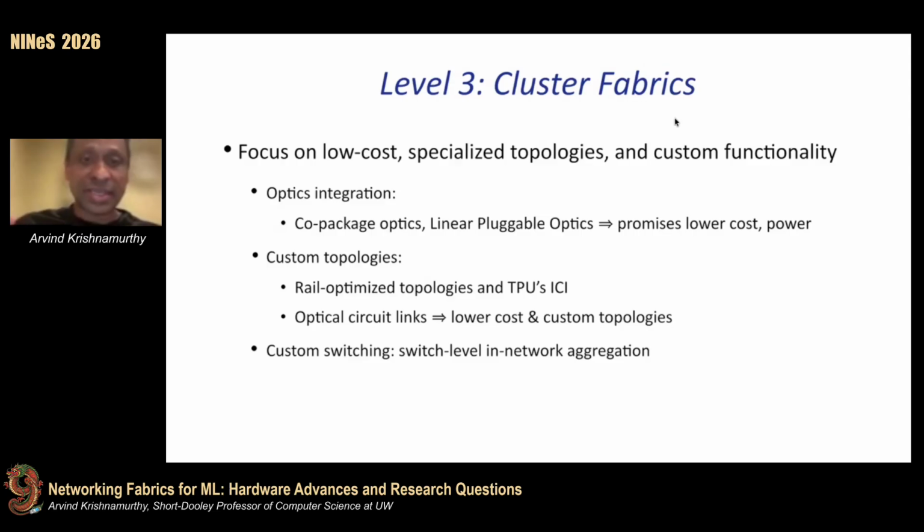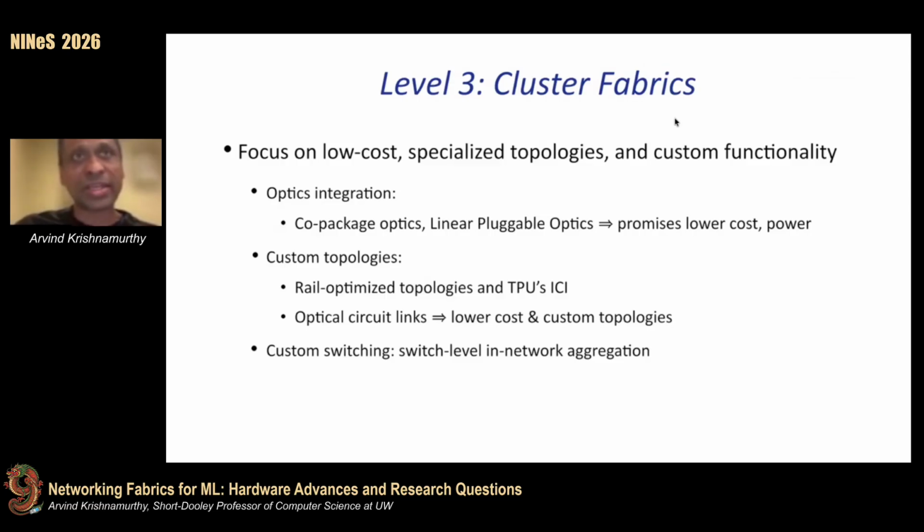We're also starting to see a lot of new proposals on custom topologies which are built using optical circuit links, so that you don't have all-to-all connectivity between all of the GPUs or TPUs, but rather a fairly sparse connectivity.